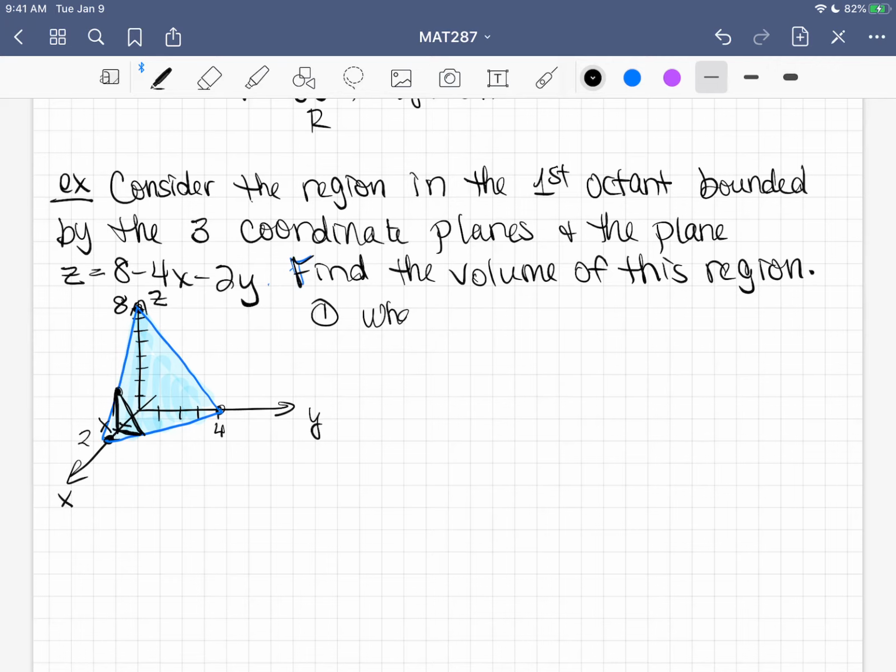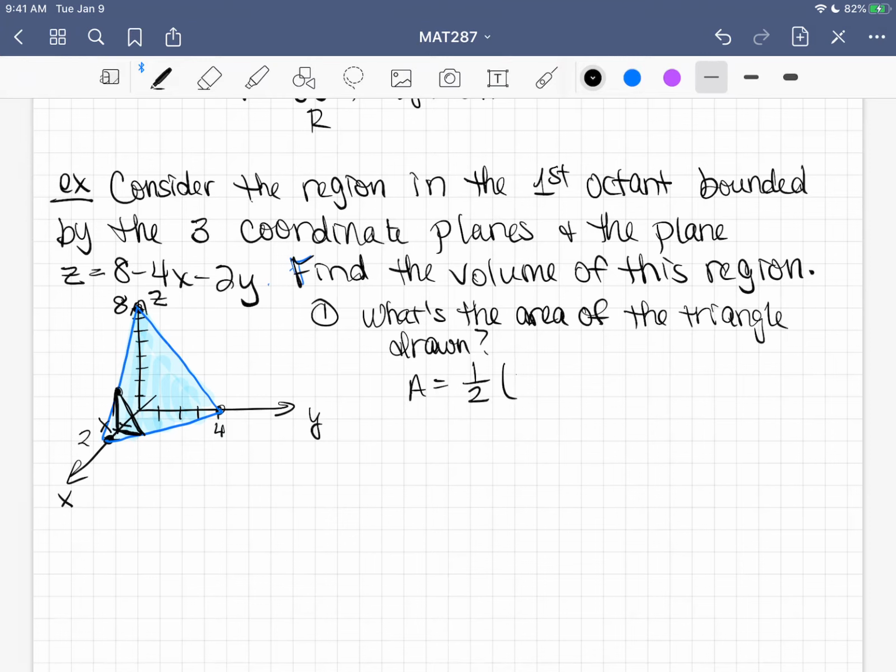So what's the area of the triangle drawn? Well, in general, area of a triangle is 1/2 base times height. So let's see if we can figure out the base and the height of this triangle.